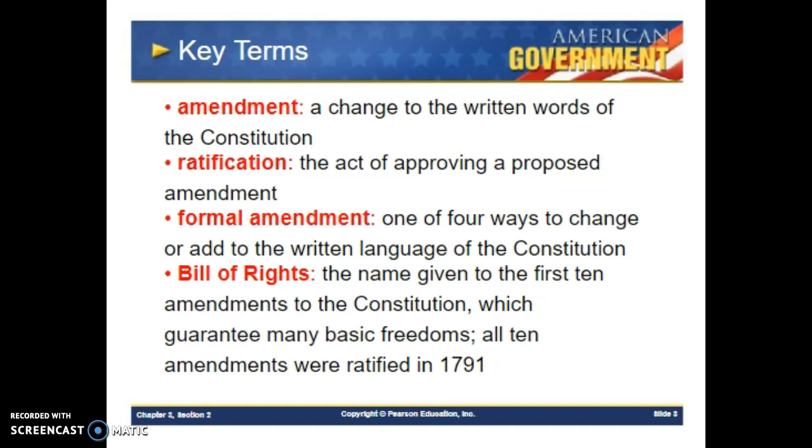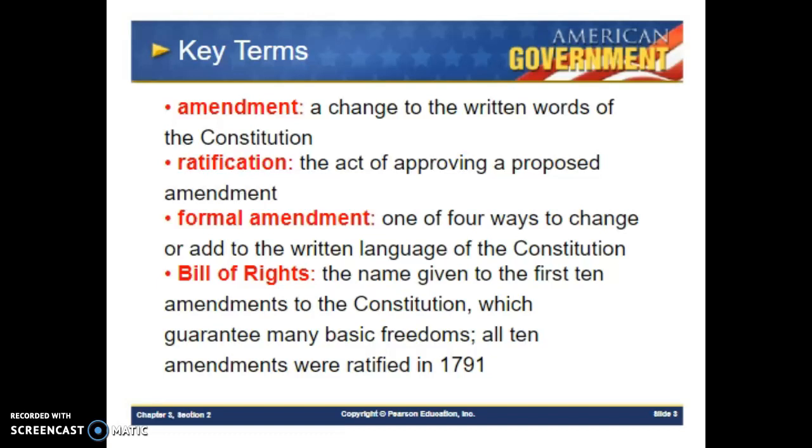This is a change to the written words of the Constitution. Ratification, the act of approving a proposed amendment. Formal amendment, this is one of 4 ways to change or add to the written language of the Constitution. It's a 2-step process. It is proposal and then ratification. And again, there are 4 different ways that this can happen, and we'll talk about those in just a second.